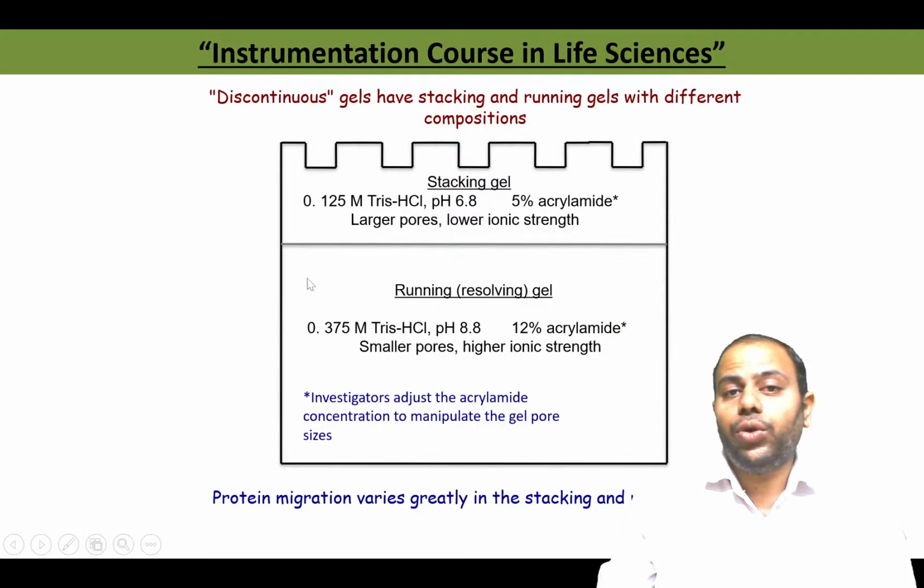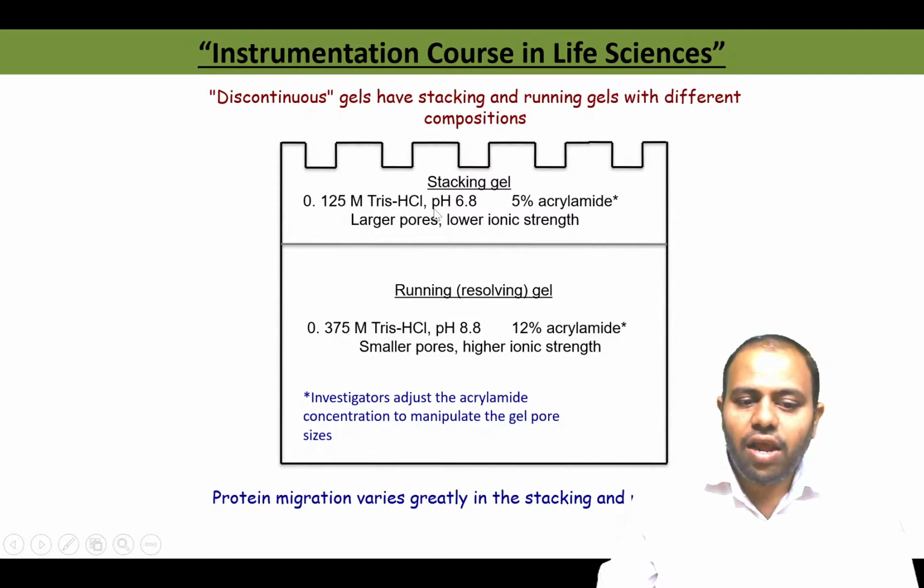So you can see there are two different types of gels. PAGE always has two different types of gels. The first gel is the stacking gel, and the second gel is the running gel or resolving gel. Stacking gel generally has 0.125 molar Tris-HCl with pH 6.8. Generally the acrylamide strength is 5% here.